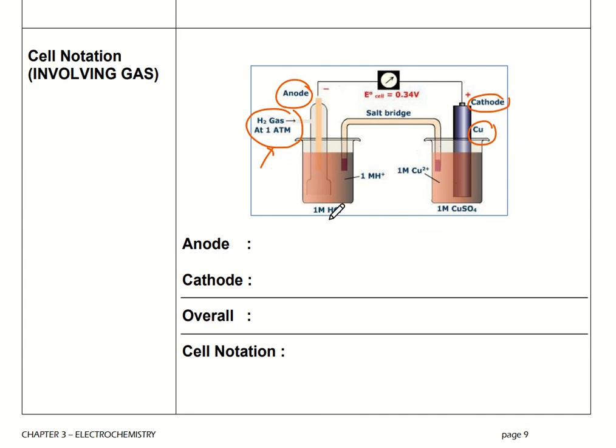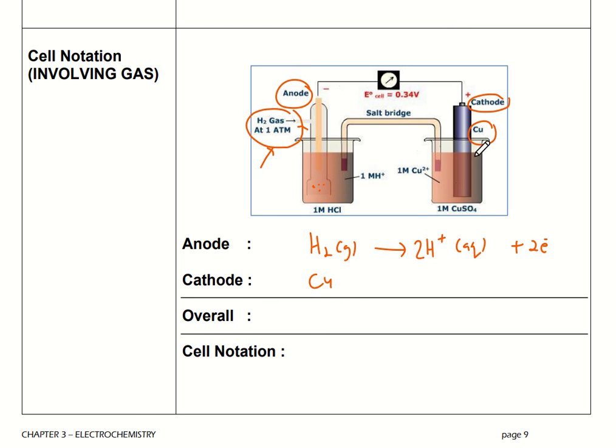So how do we write it? You must know that when hydrogen gas, H2 gas, goes in, it produces H plus aqueous with 2 electrons. Because it is 2 hydrogens, we have to balance with 2H plus, plus 2 electrons to balance the charge. At the cathode, always remember red cat, so cathode copper.